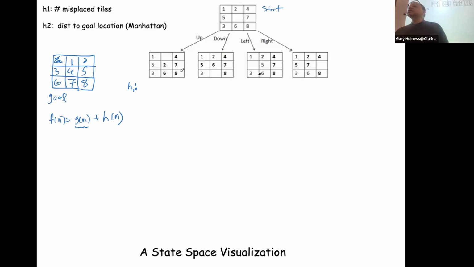What do you think G of n is? If we make one move, Colton, it would be one. So we're going to write a one, a one, a one, a one. Okay, good. So now we'll look at this H of n, specifically H1. So if we look at our goal and we look at this left-handmost child, what does H1 return?